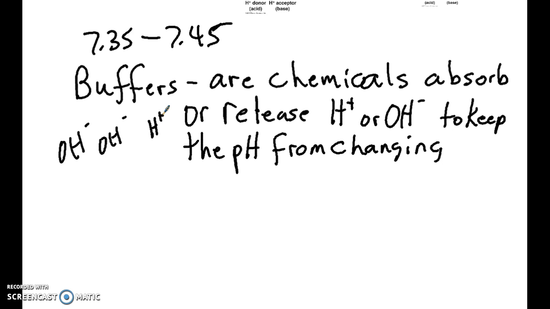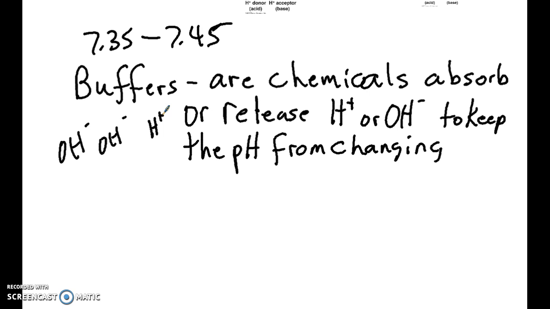It's a buffer, and basically that buffer keeps the pH of your stomach from going up, even though you are absorbing salicylic acid, which is an acid, so it would make it a little more acidic. But there's some of the coating and other materials in the Bufferin that help to soak up some of the hydrogens so that it doesn't actually cause your stomach pH to go higher, giving you hydrochloric acid.